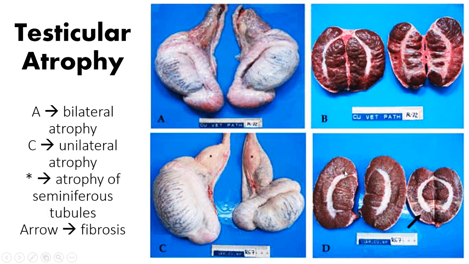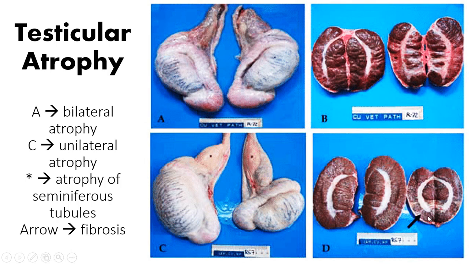For example, you can see in these pictures, this is normal testis, and this is the fibrous tissue. And if you look at the testis with atrophy here, this is the fibrous tissue, the whitish part.